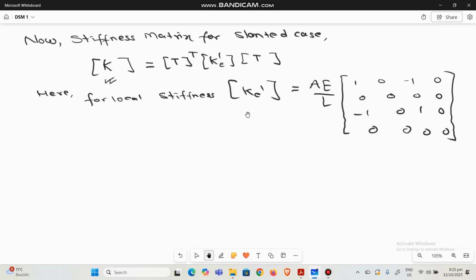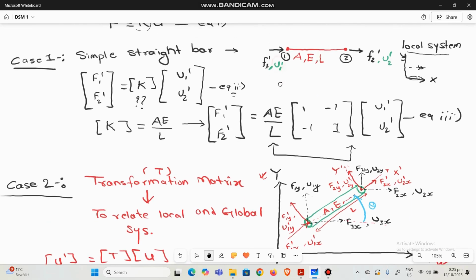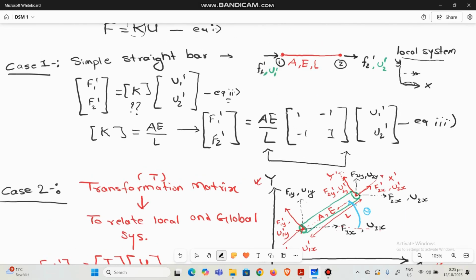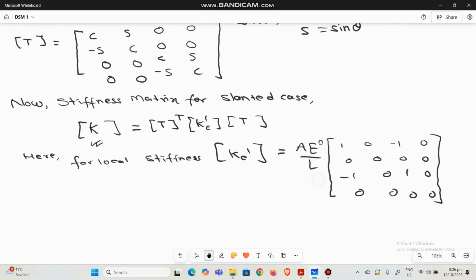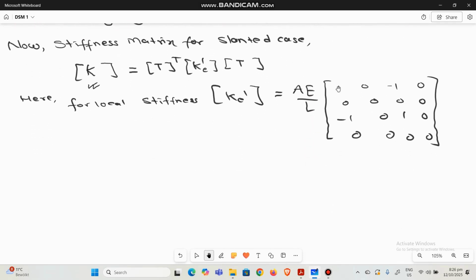So in the previous example, when we dealt with this thing, we did only one dimension, we didn't have the y coordinate, that's why we didn't have this big matrix. But now we have x-axis as well as y-axis, so we have to incorporate those as well. So this is the local stiffness.